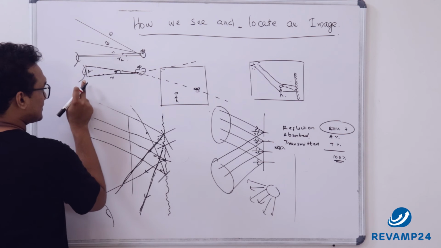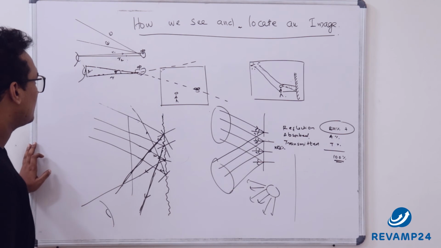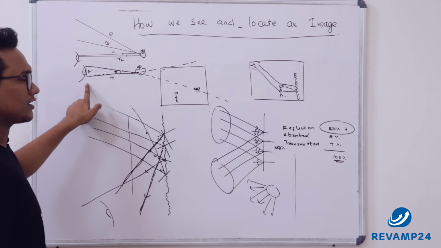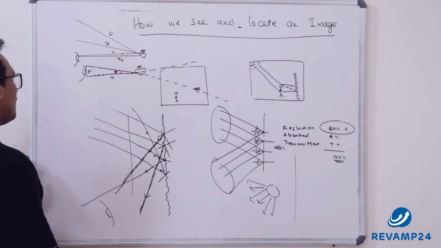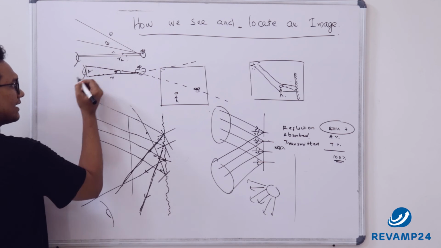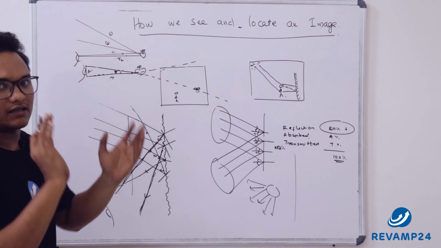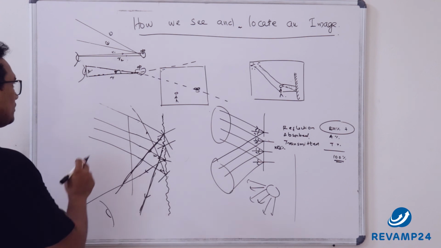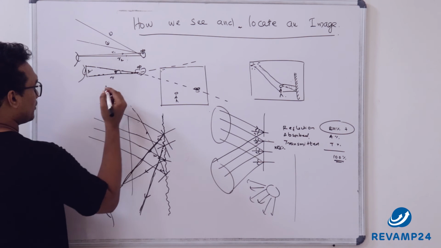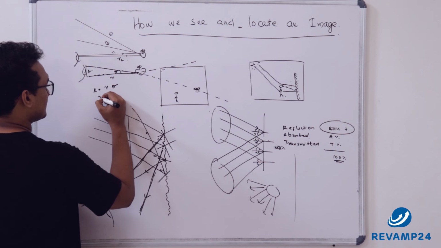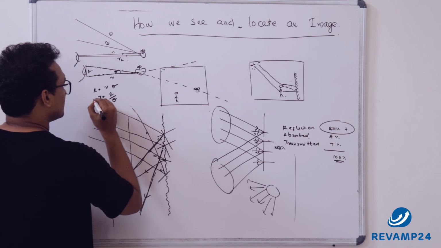Now R is the distance that represents the position of the apple with respect to our eye. Our eye can process this length and also measure this angle theta. All these are done in the brain, so that R can be measured as L equals R theta, or R equals L by theta.